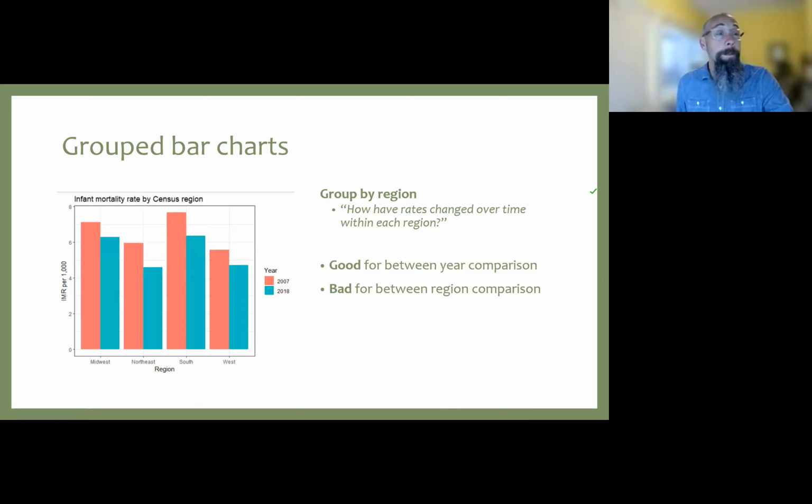Let's group them differently. So how you choose to group bars totally can change the feel. So here I'm grouping by region, which is to say a group has both a 2007 year and a 2018 year, and I've got a group for each region. So now what I can easily see is the reduction within region. So how have rates changed over time within region?